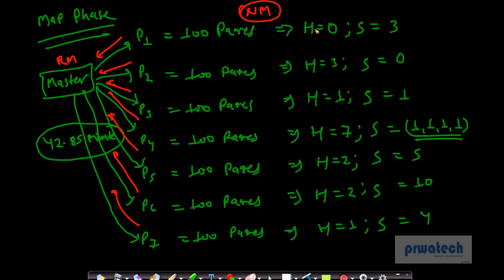Sending all 7 packets to each individual machine would take more time. Instead, I will start communicating from P1 to P4, P2 to P4, P3 to P4, P5 to P4, P6 to P4, P7 to P4 for the Hadoop part.